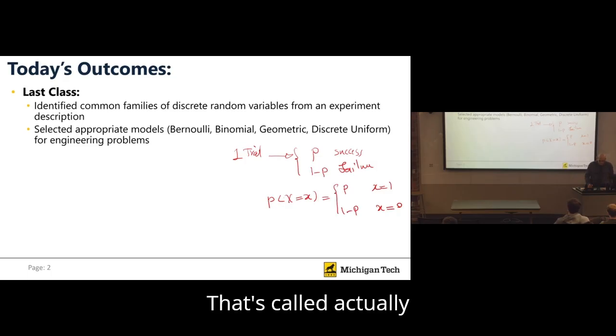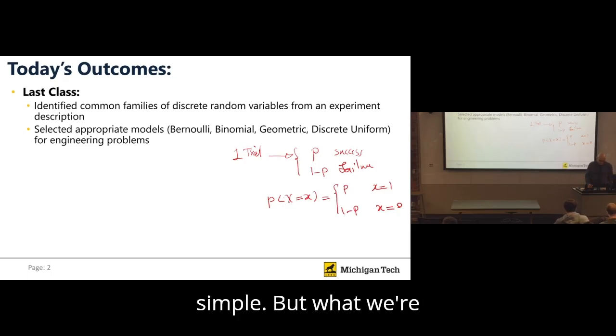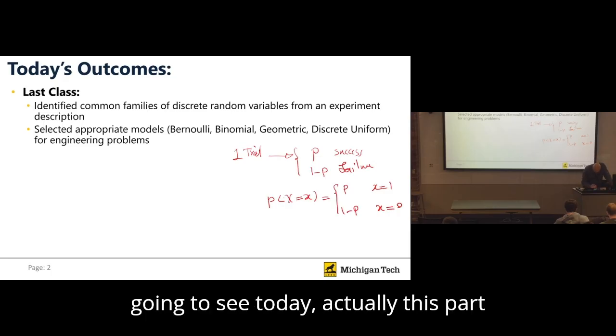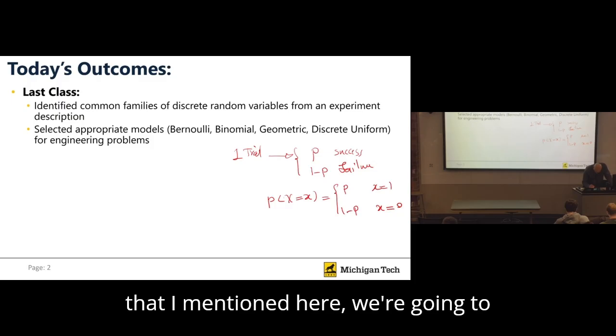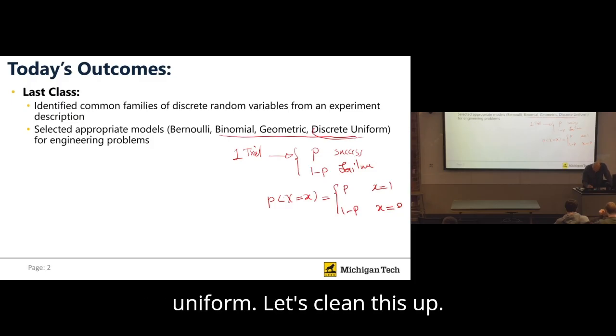That's called the Bernoulli distribution. It was very simple. But what we're going to talk about today mostly is different.